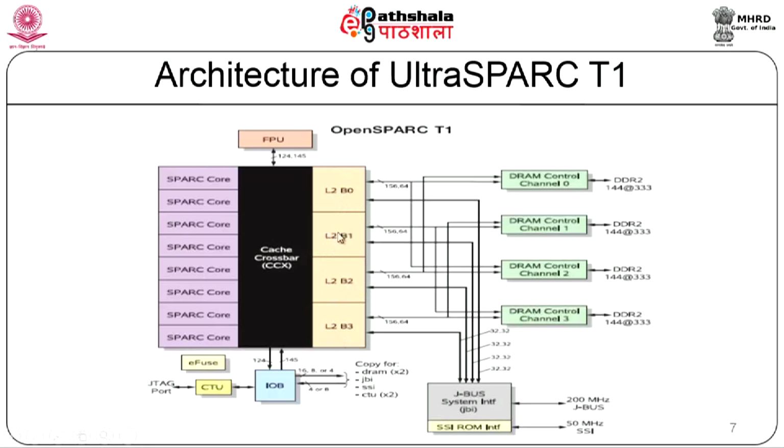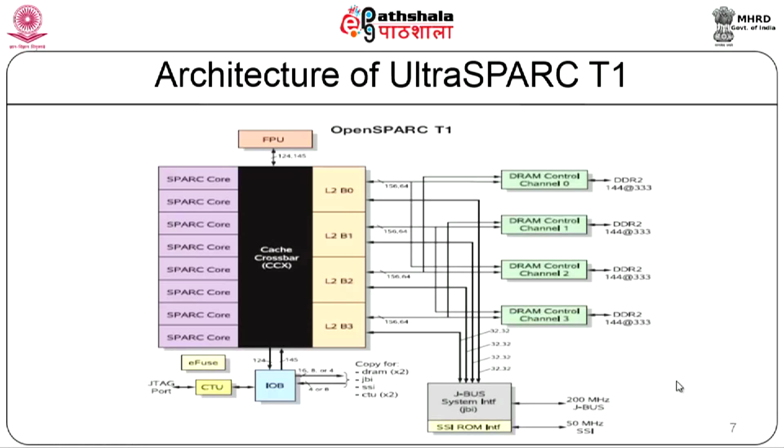L2 is shared, whereas L1 is specific to each of these cores. Then you have the 4 DRAM controllers connecting to your main memory, and a crossbar interface which connects these cores to the L2 banks. So this is the main architecture of UltraSPARC.